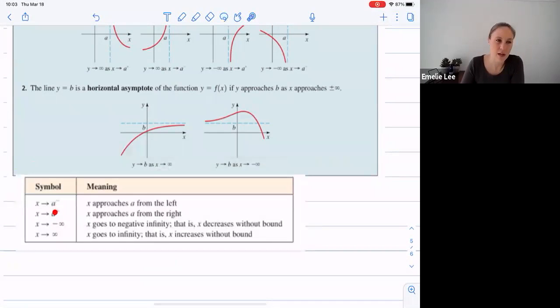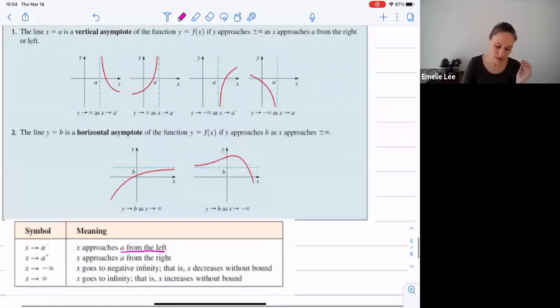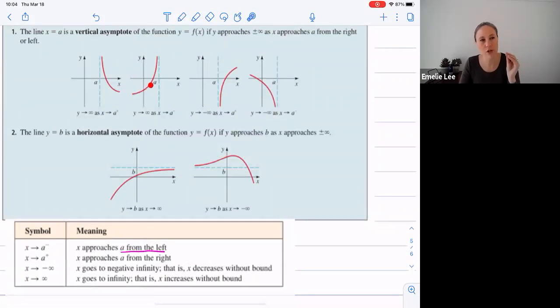Okay, so notice that if we have x approaches a with a power of a negative, it means we're approaching a from the left. So in this case, right here, I'm approaching this line at a from the left. Okay, so we might have different behaviors, right? We might have something like maybe at a from the right on this graph, maybe it's going down towards negative infinity, right?